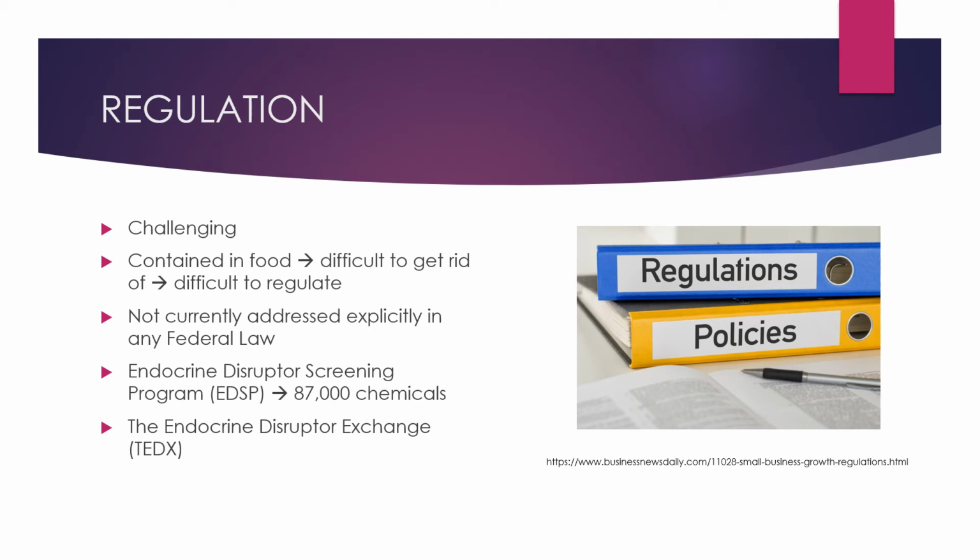Another thing I wanted to mention as far as regulation goes, and this also has to do with education about endocrine disruptors, is this organization called the Endocrine Disruptor Exchange, or TEDx, and they're compiling a database of endocrine disruptor information in general, and we'll talk a little bit more about them on the next slide.